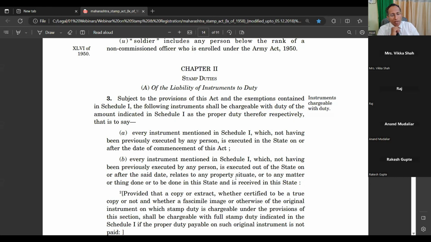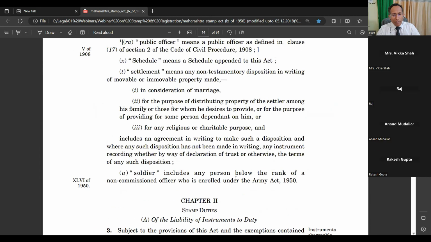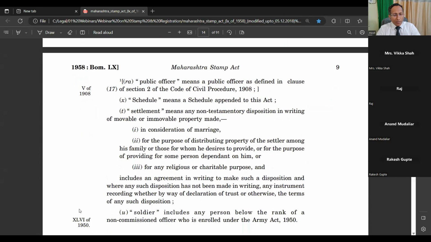Now, the schedule is given at the end of the Stamp Act, and the documents which are covered are given at the end of the schedule. Before we go to the schedule, let's see some of the definitions in the Stamp Act. See the definition of settlement.